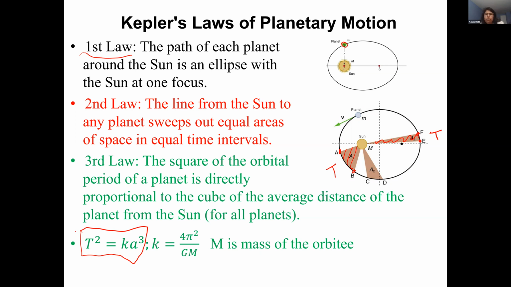Newton is the one who combined his gravitational law with Kepler's law and found what k actually equals. That means Kepler's third law can be used not only for a planet moving around the sun, but for a moon moving around a planet or any other orbital motion, where m is the mass of the central body. That's the combination of Newton's and Kepler's laws.